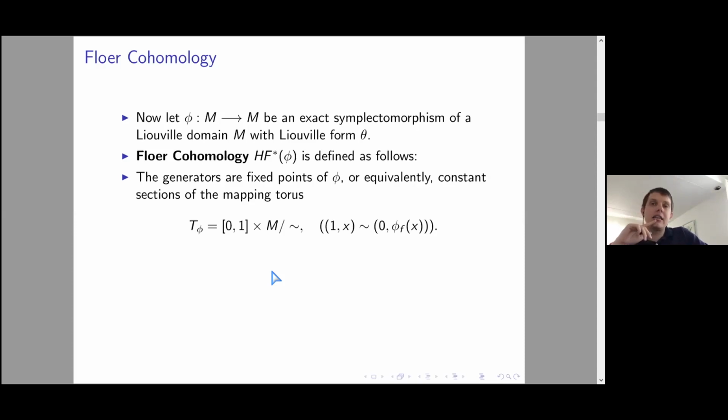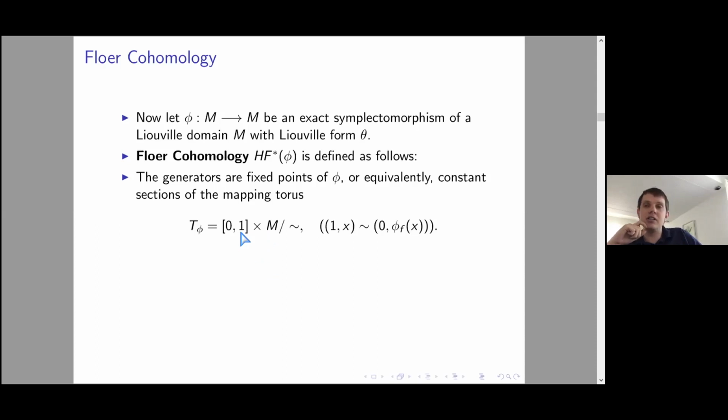Another way I like to think about the generators of Floer Cohomology is as sections of the mapping torus. I have the mapping torus, which is just an interval cross M, and then I identify the ends of the interval using the symplectomorphism phi. That's a natural fibration over S1, and I'm looking at sections which are constant, which means if I look at the image of this section, it's equal to some constant on M cross this interval.